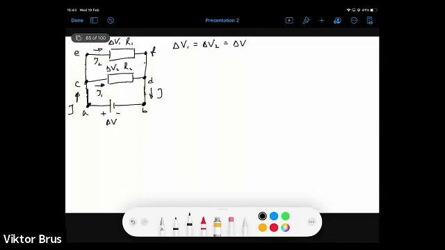So obviously, if we split the charges which move through these wires into two channels, the amount of charge per time interval will be smaller in these parallel channels than before this so-called junction point.